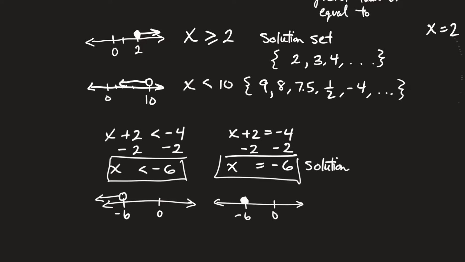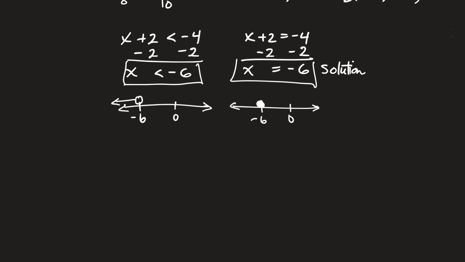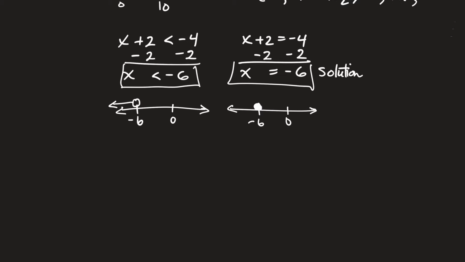I'll give you one more example. I could also have x divided by 4 is less than or equal to 3, and I could have x over 4 is equal to 3. To solve this equation, since this is division, I would multiply by 4. Again, I'm trying to figure out what is the value of x. What number divided by 4 is 3?